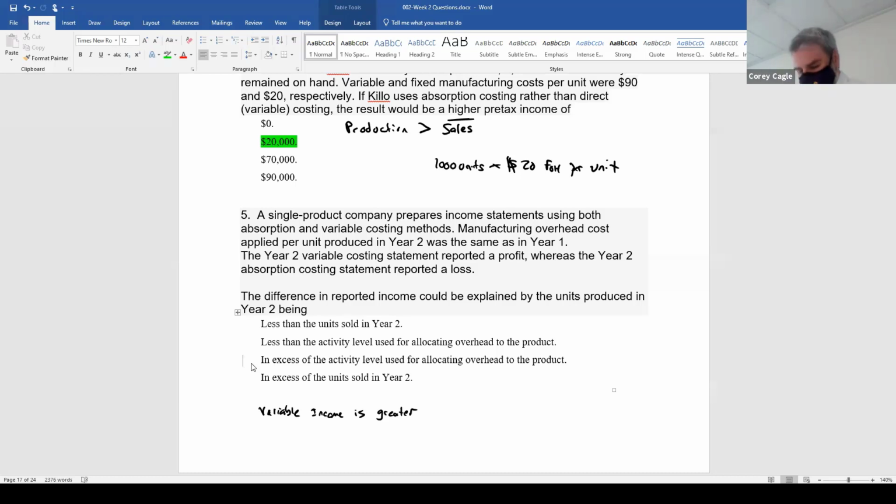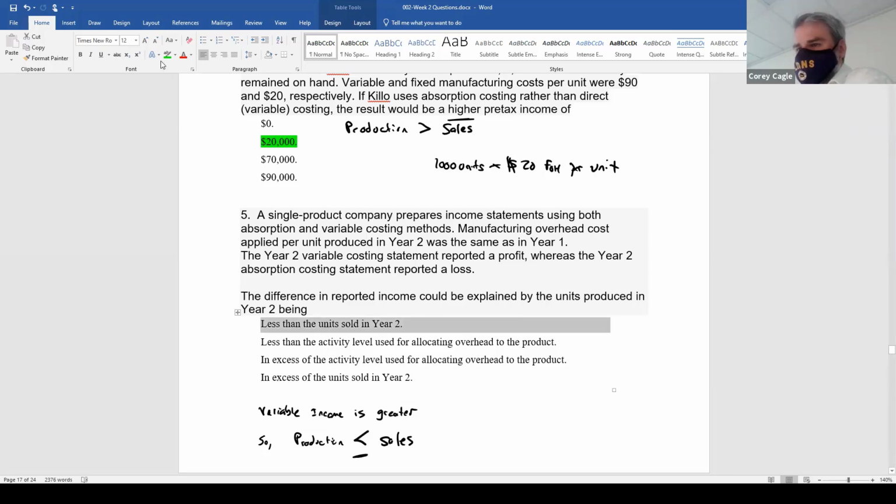They were backing into what we usually begin with in the other, but that tips us off that production is less than sales, right? I think that just gives us the answer, doesn't it? The difference in reported income could be explained by the units produced in year 2 being less than sales. So I like that one.